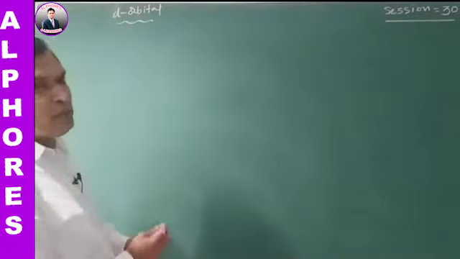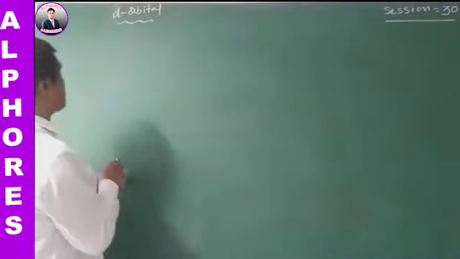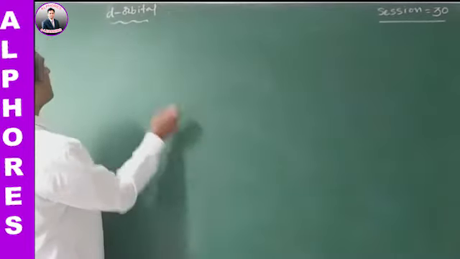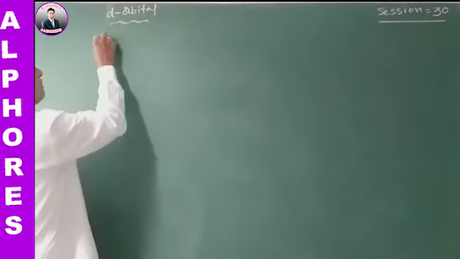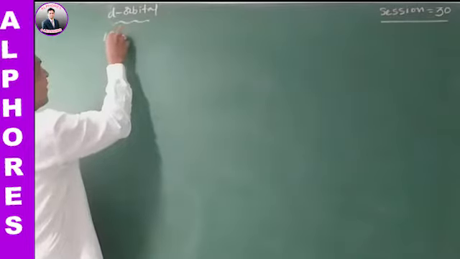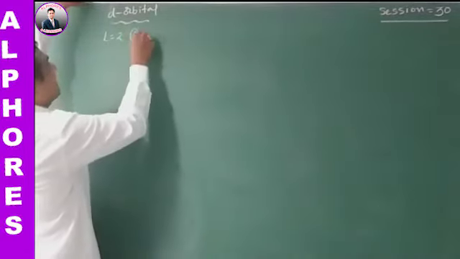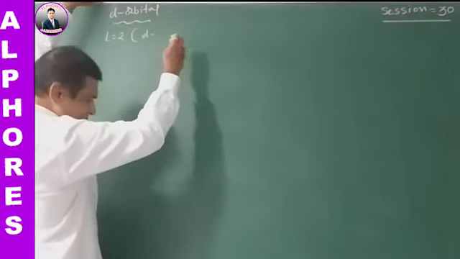What is a d orbital? The first point is that the subshell with L equals 2 is designated as the d subshell.